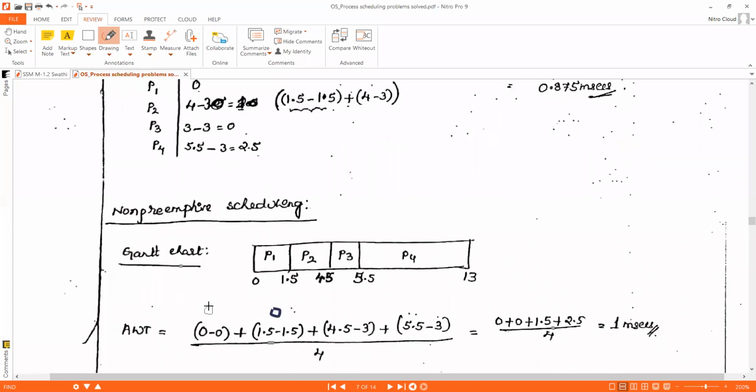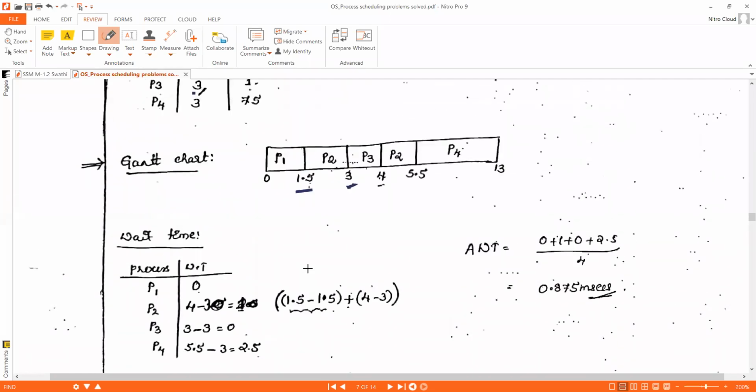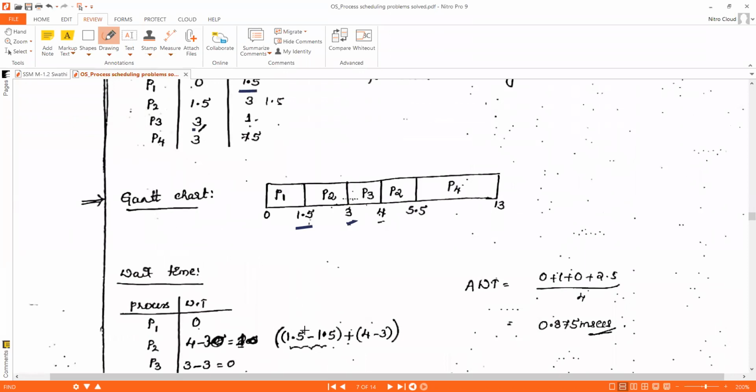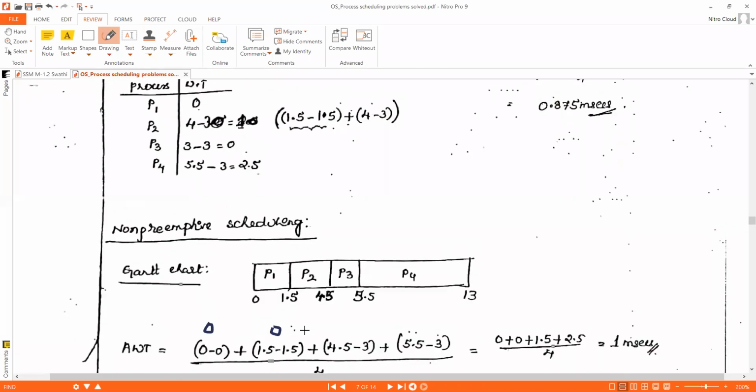Next, for process 3, the allotted time is 4.5 and its arrival time is 3 milliseconds. 4.5 minus 3 gives 1.5 milliseconds, the waiting time for process 3.